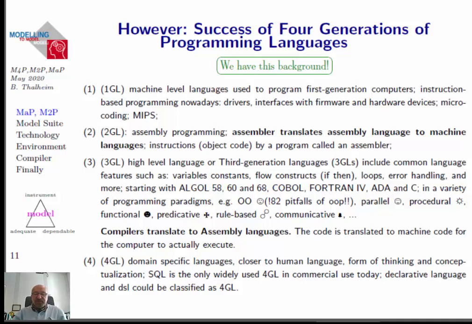Third generation programs continue this line by developing compiler technology. Those compilers translated programs to assembly programs, that means to assembly languages.